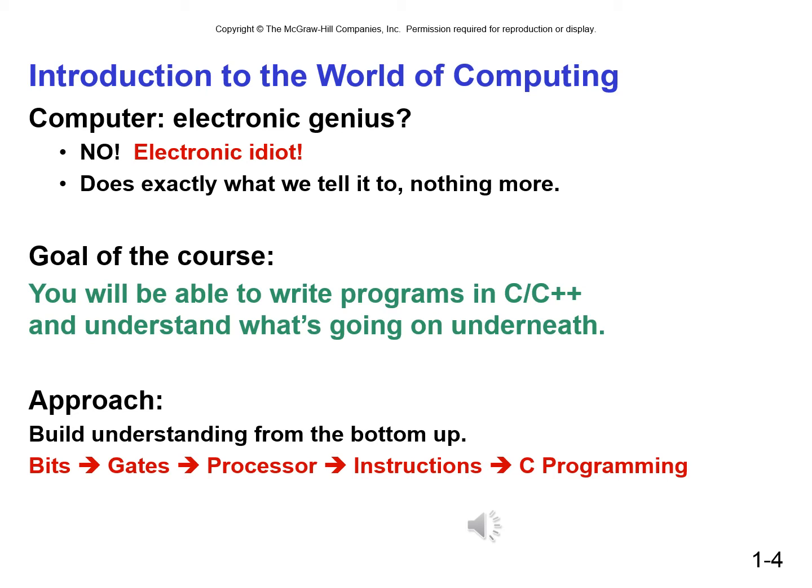One cycle of the clock, one machine cycle, if you will, what happens in the smallest increment of time at a microprocessor level. We'll build an understanding from the very bottom of the hierarchy up to a high-level programming language.